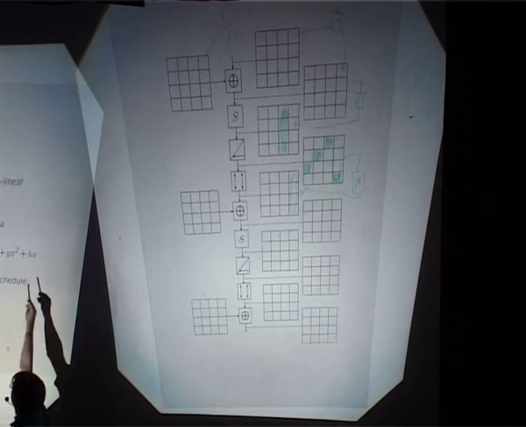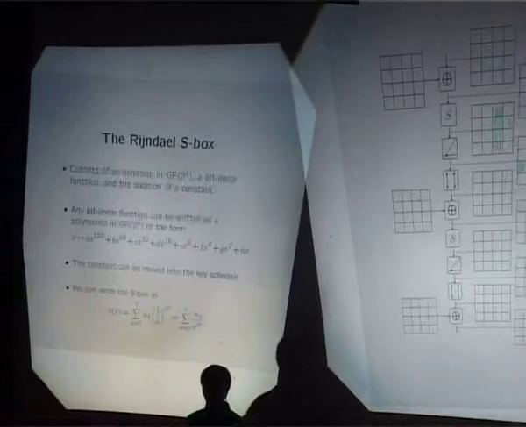So back to the S-box. Having gotten rid of the constant, we can write the S-box. Here we have the 1 over x. That's the inversion. And this is a way of writing this polynomial. We have a sum of some weight times the input to a power of 2.